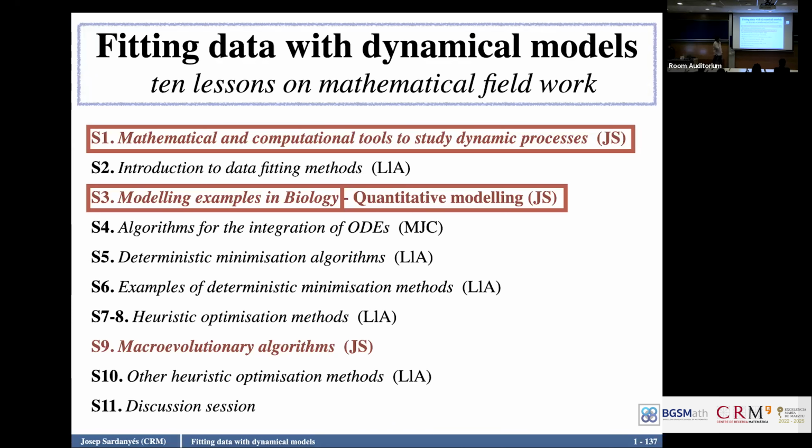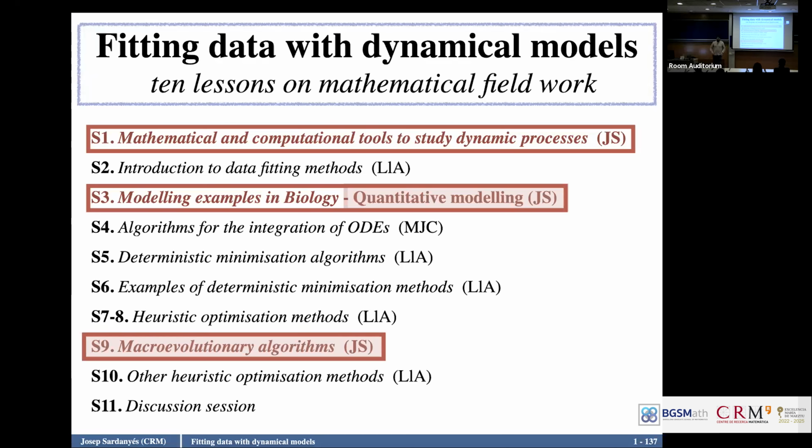In the session that Vince gave yesterday, he explained simulated annealing very well, very deeply. And today I will just go through this optimization method fast, because my idea is to focus the other part of the session on macroevolutionary algorithms.